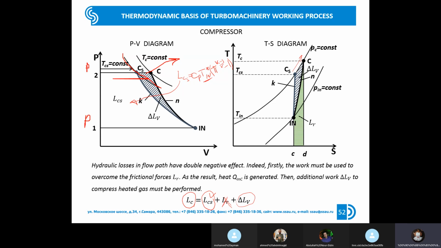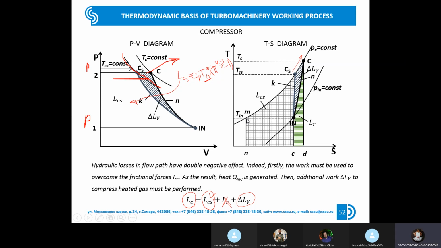And how to find the isentropic work of the compression process? I couldn't explain why; I don't know thermodynamics well enough to explain it simply. But we take the first position, point number 1, and make a horizontal line to the cross section of the final pressure.